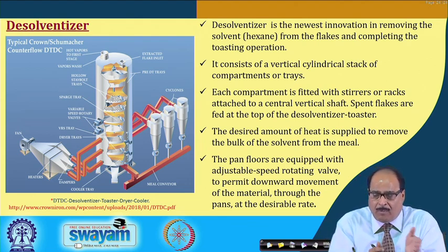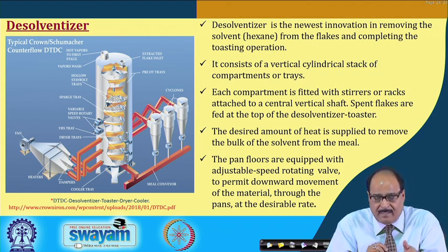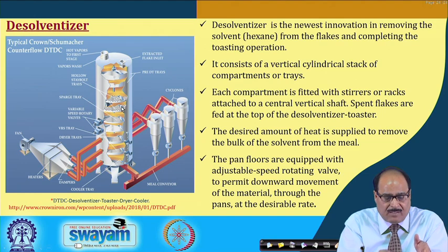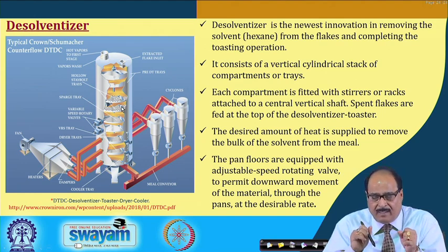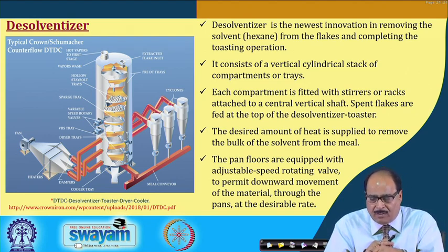So, it consists of a vertical cylindrical stack of compartments or trays. Each compartment is fitted with stirrers, as you can see here, on the racks attached to a central vertical shaft. Spent flakes are fed at the top of the desolventizer toaster. The desired amount of heat is supplied to remove the bulk of the solvent from the meal.